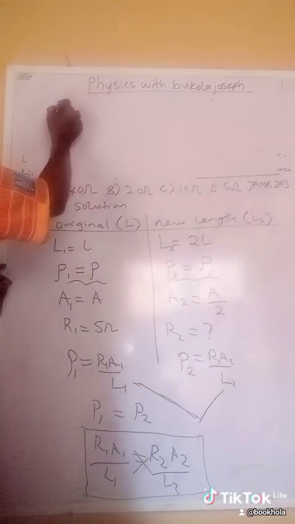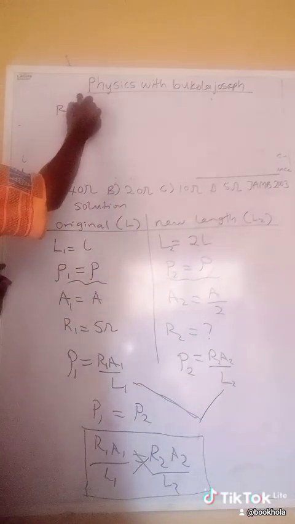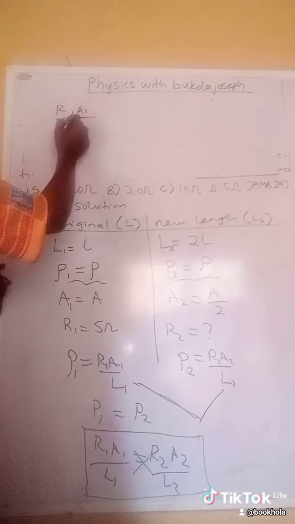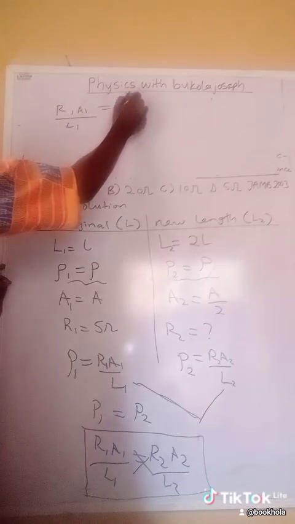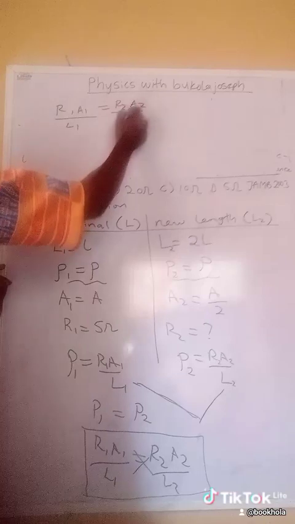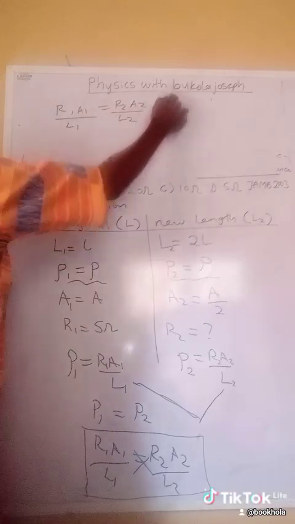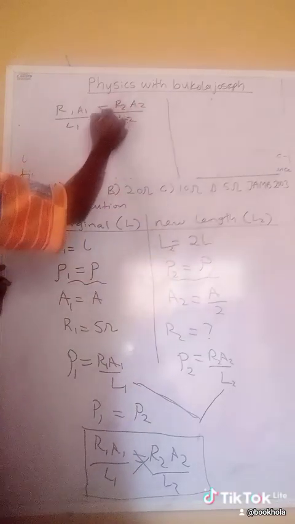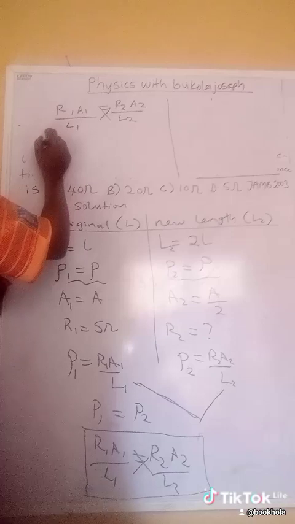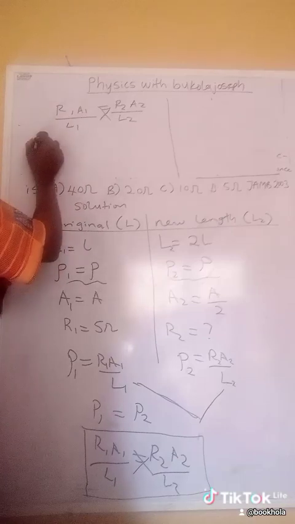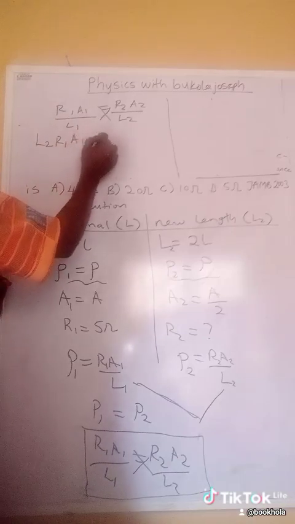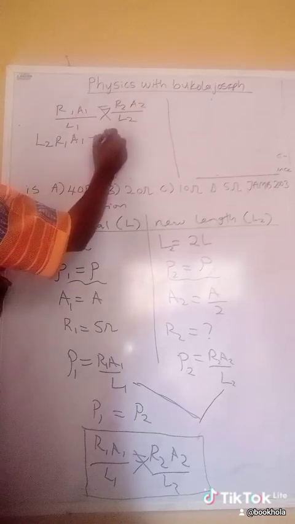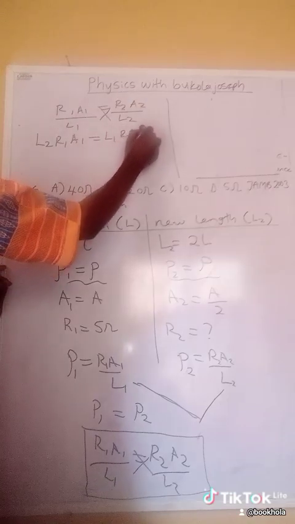So bringing this up, we have R1 A1 all over L1 is equal to R2 A2 all over L2. If we cross multiply, we get L2 R1 A1 is equal to L1 R2 A2.